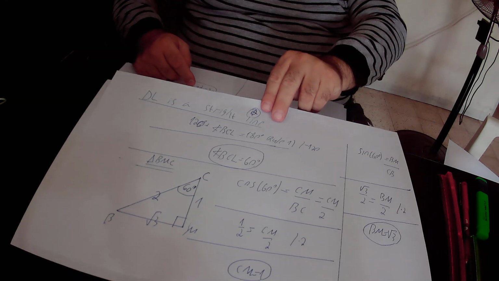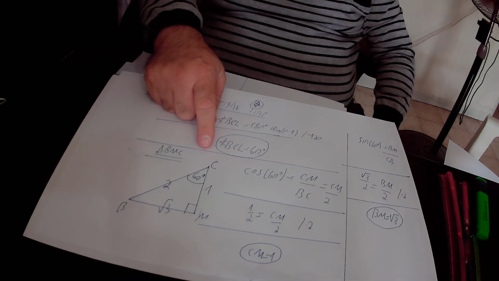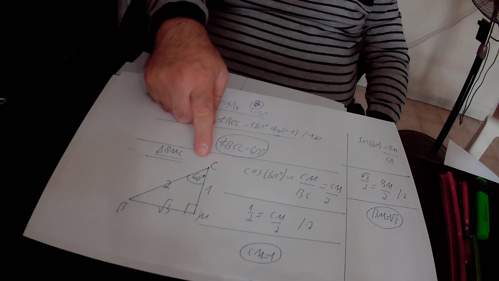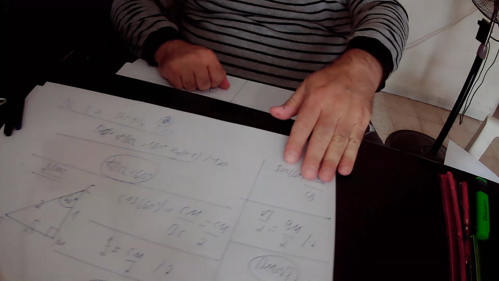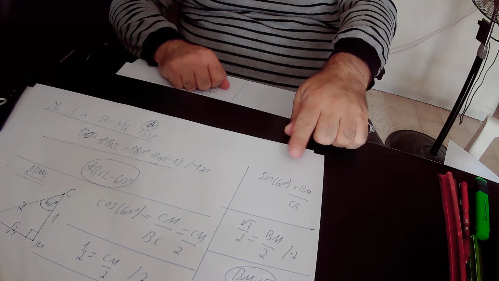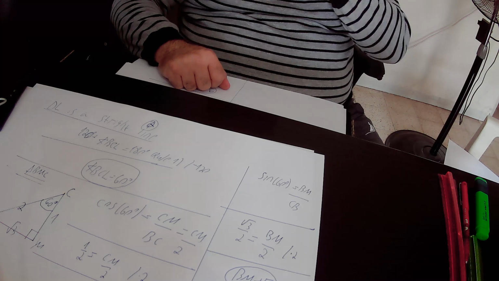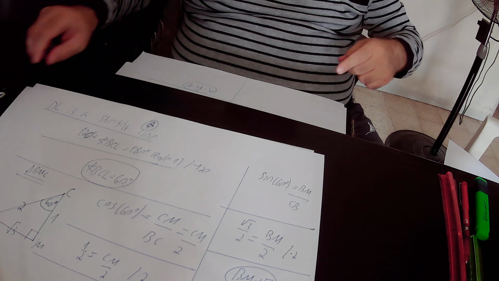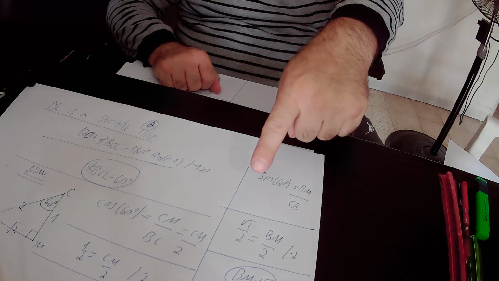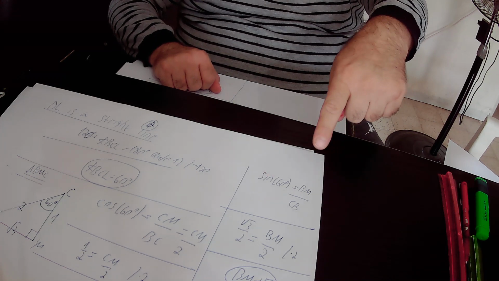Likewise, we know that sine of 60 degrees in the right triangle BCM equals BM over CB. Sine of 60 degrees is square root of 3 over 2. We substitute sine of 60 degrees by square root of 3 over 2, and it is equal to MB over CB.